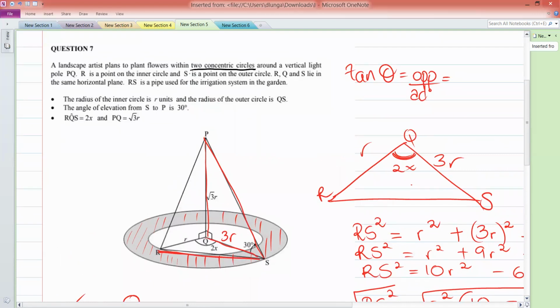That's where they want to plant the flowers. So that's why I highlighted this part. By highlighting that, I knew that we're dealing with an outer circle and an inner circle. So the area is basically big circle minus small circle. That's how I figured it out.